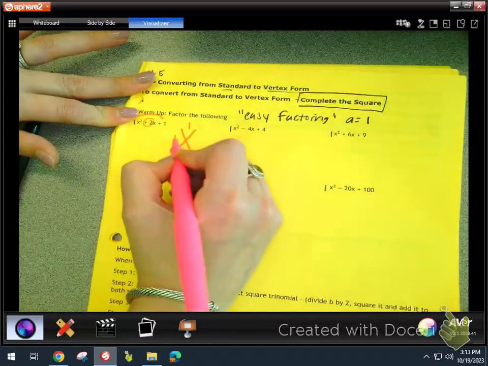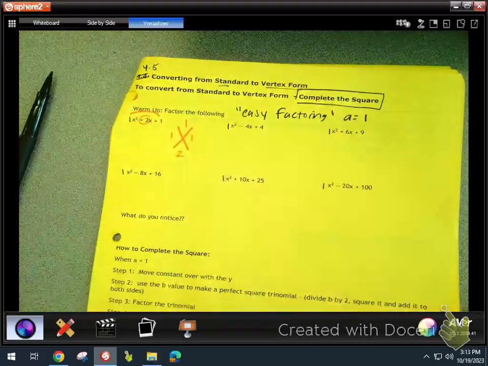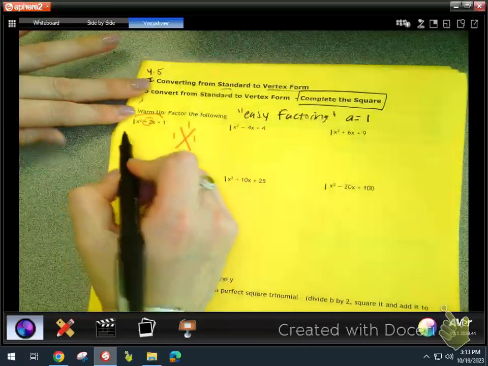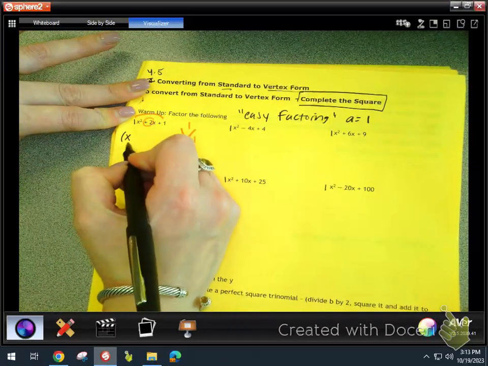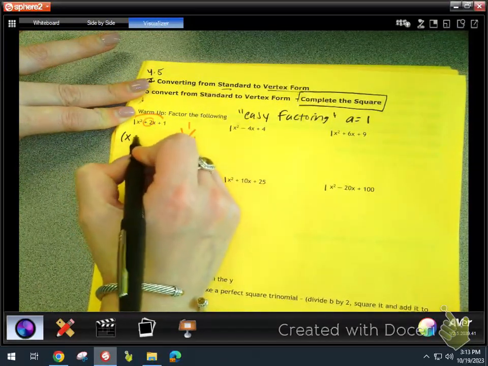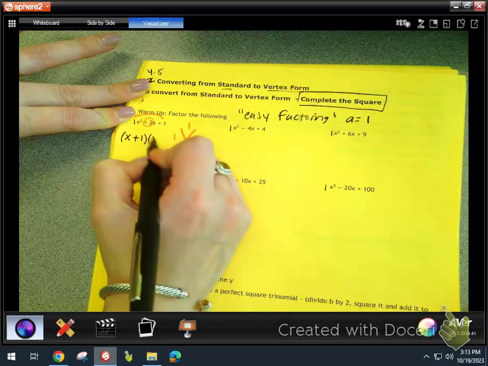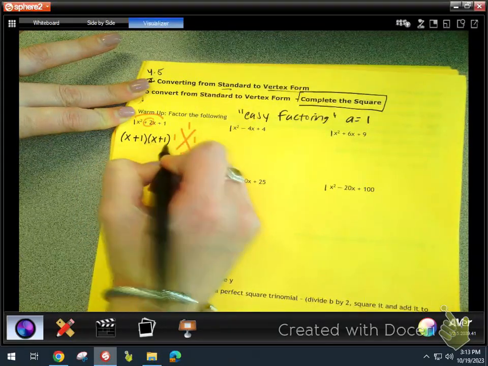So what are two numbers that multiply to be 1 and add to be 2? 1 and 1. Now, when you have easy factoring, all you have to do is set up your factors, which will start with X, and then you just take those number puzzle winners and put them into the factors like this, okay?